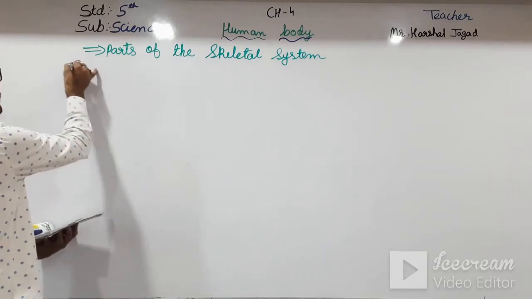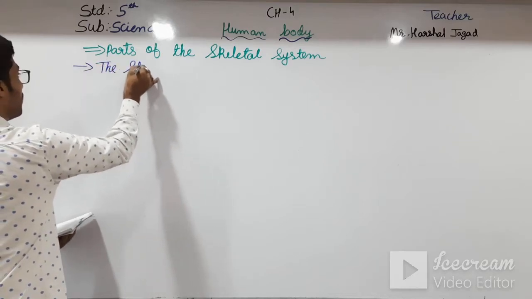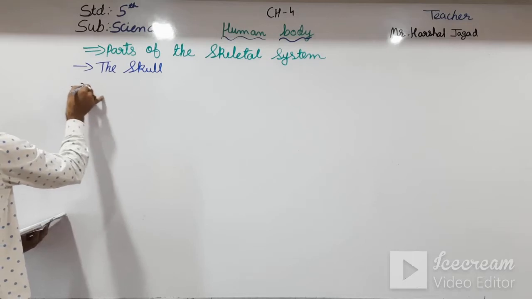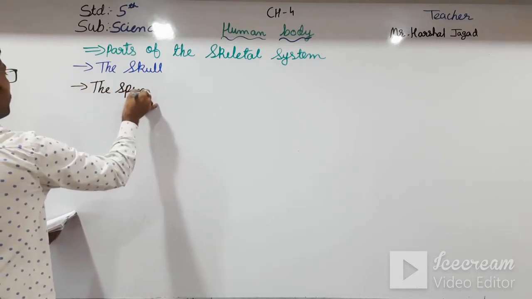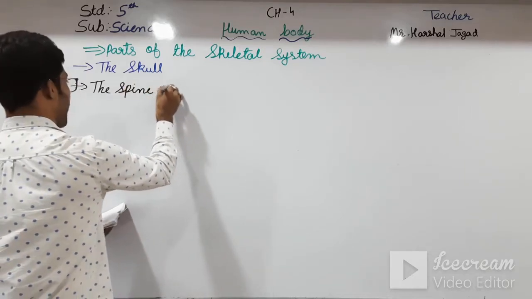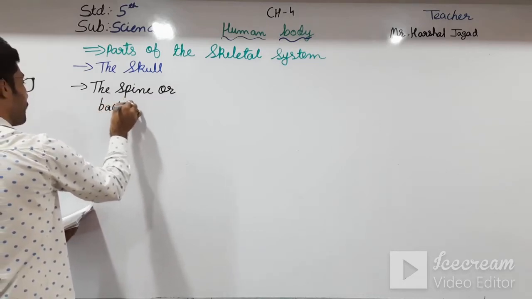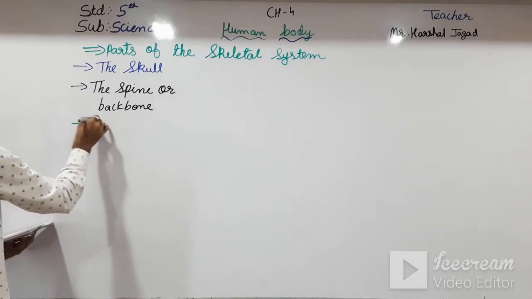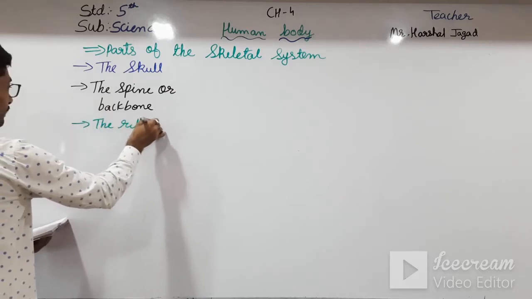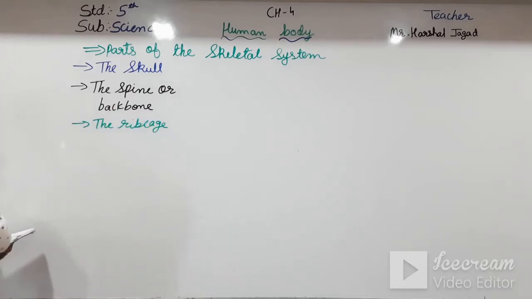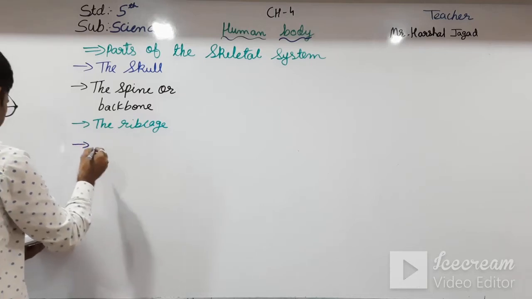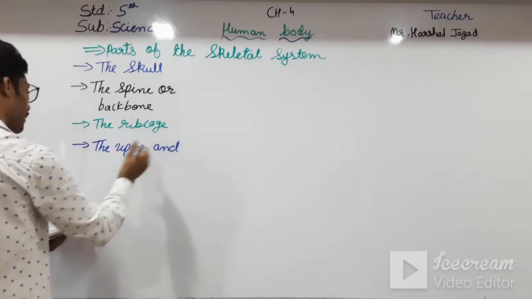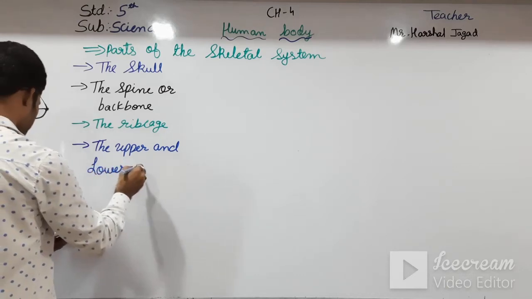The first was the skull, second was the spine or backbone, third was the rib cage, fourth the upper and lower limbs.